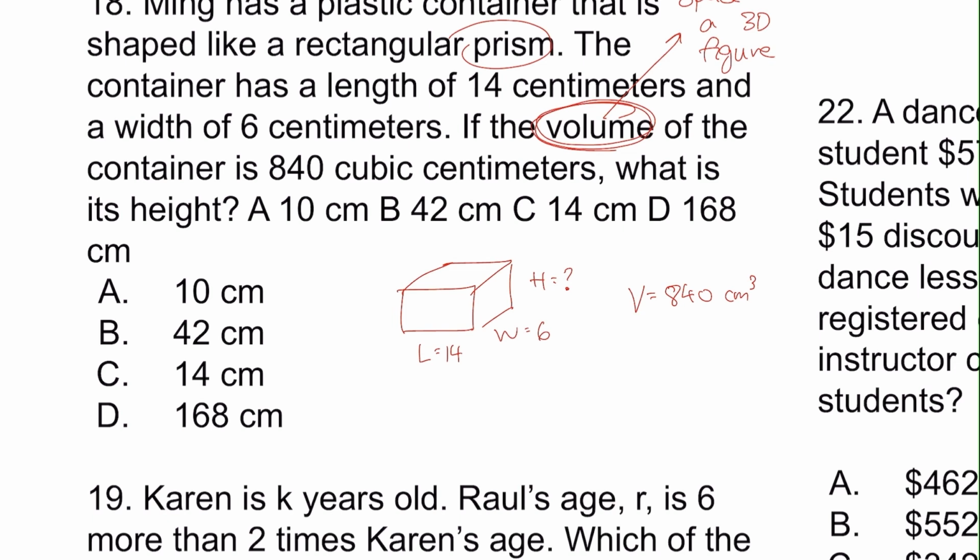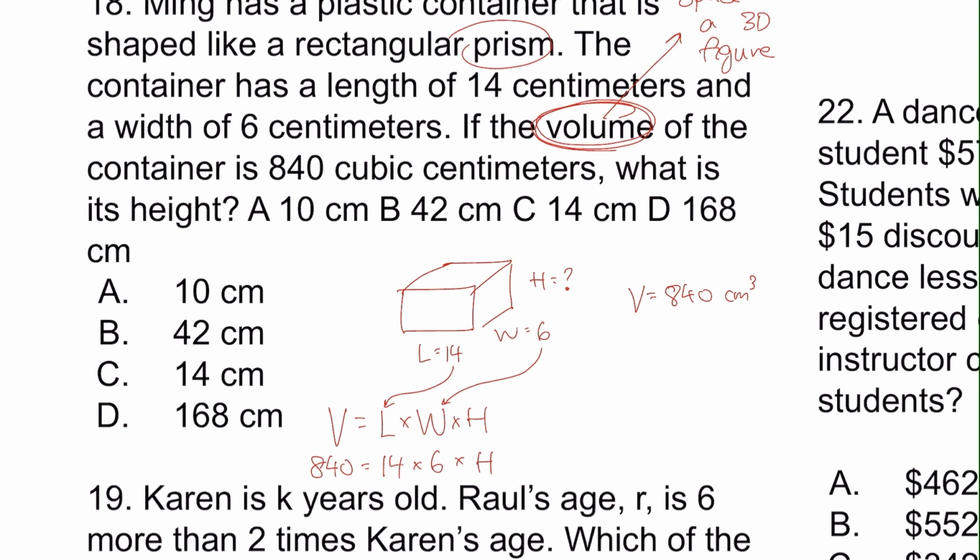So the formula for the volume of a prism is length times width times height. You have to multiply these 3 numbers. But we have to go backwards here because we know 840 is the volume. That's equal to the length, which is 14, and the width is 6, times height.